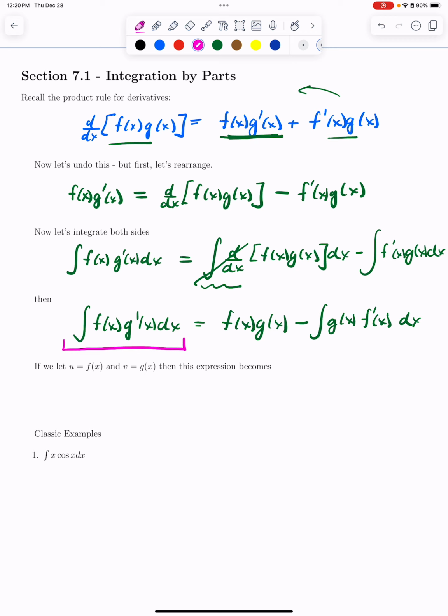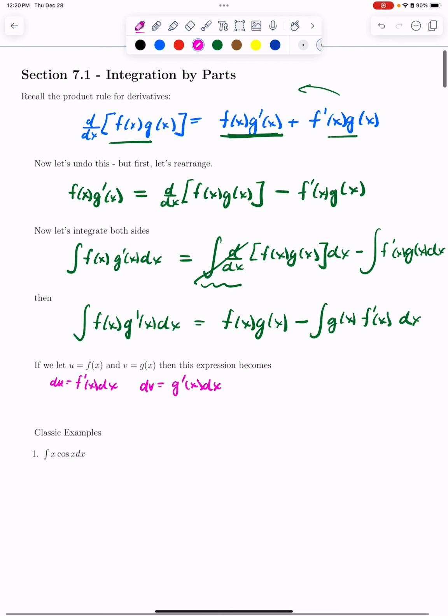But normally we use u and v. That's pretty common if you've seen it before. So if we let u be equal to f, then du is equal to f prime of x dx. And if v is g of x, then dv is equal to g prime of x dx.